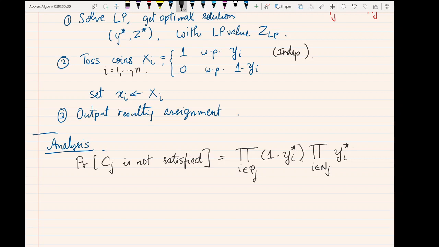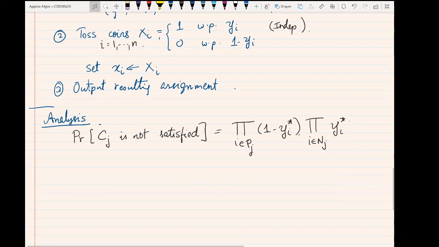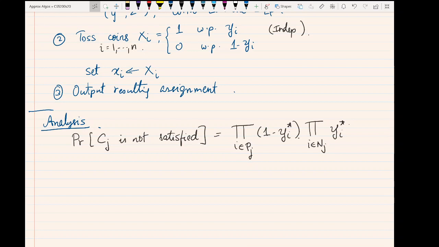Okay. Now what we use is the AM-GM inequality. This is the product of some Lj numbers, right? And so by the AM-GM inequality, this is less than or equal to the arithmetic mean of these numbers raised to Lj.